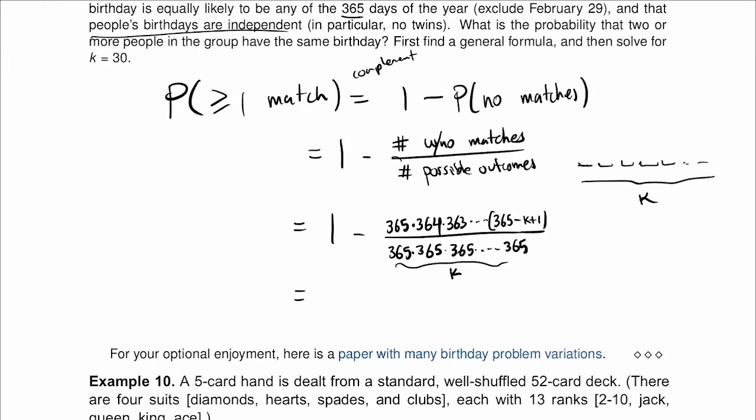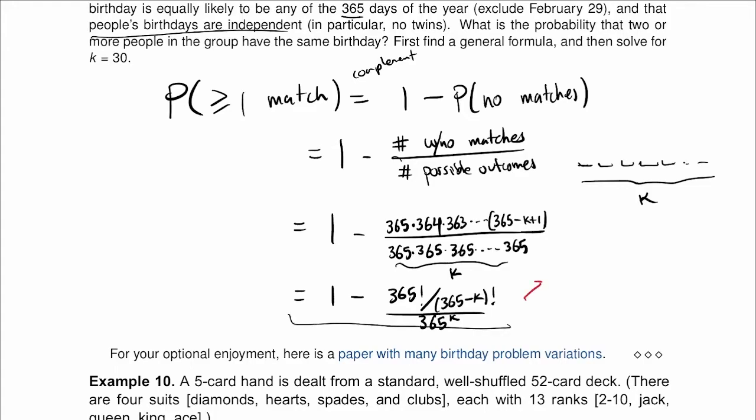And this is going to be 1 minus 365 factorial over 365 minus k factorial, over 365 to the power of k. And this is the general formula.